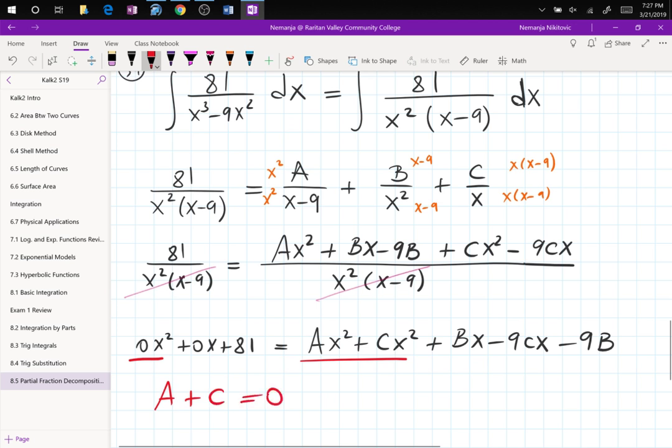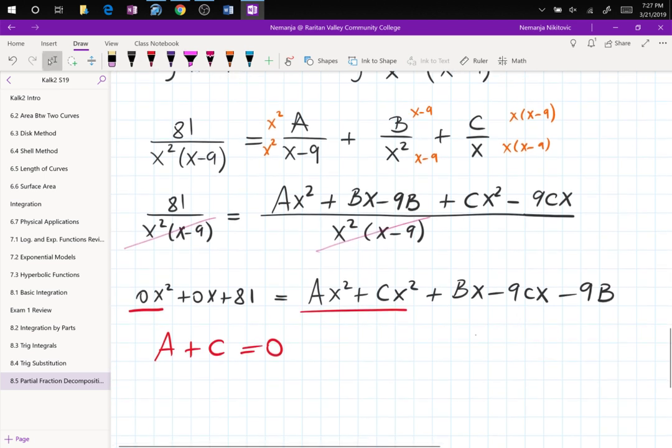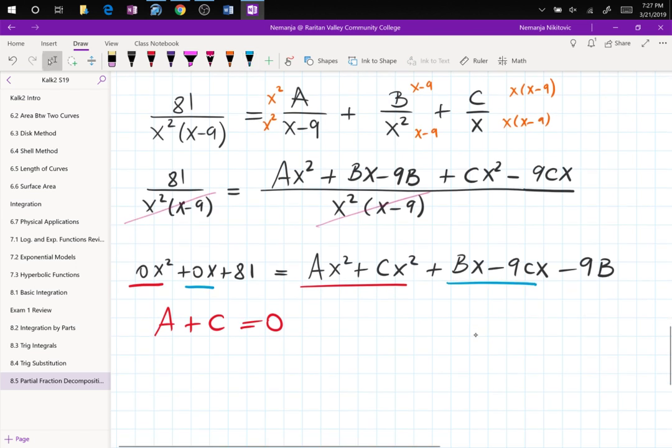The next equation is going to be blue. That's these ones with x's. Drop all x's. You have B minus 9C equals 0. And finally, the orange equation at the end is negative 9B equals 81. That's the orange equation.